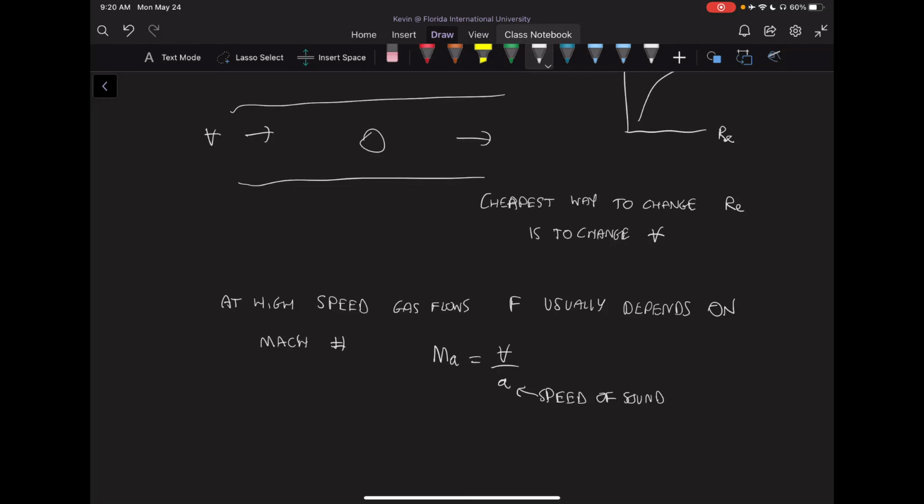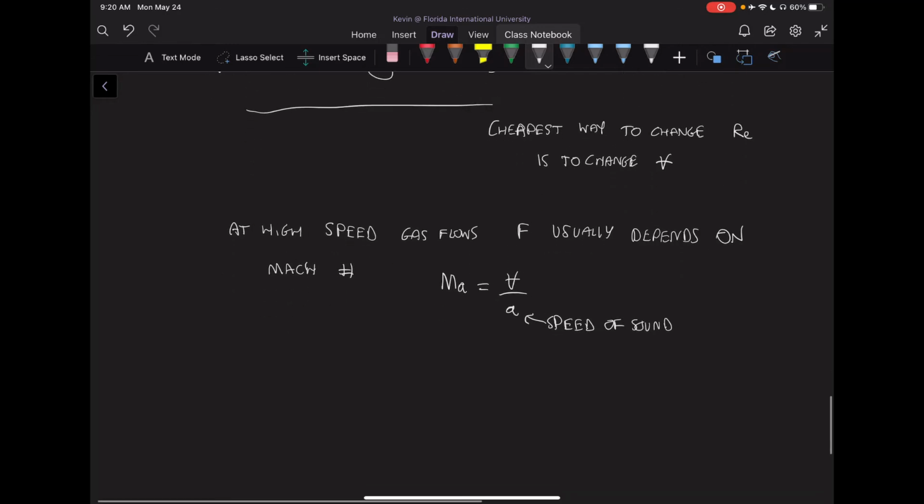And one last number that we're going to be using as well is the Froude number. In free surface flows, so like a boat floating on water, flows which have a free surface, usually we're interested in ship drag, the drag that a ship has in the water.